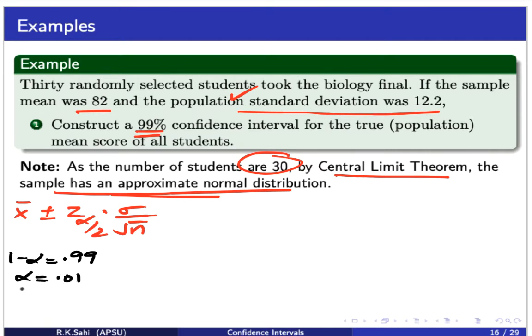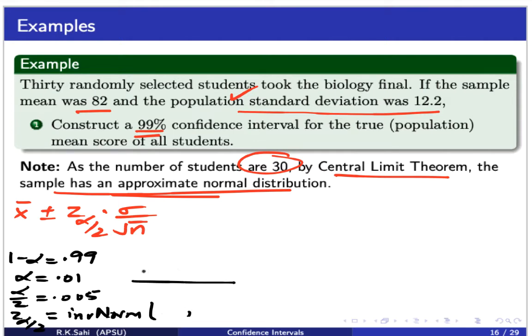And my Z alpha by 2 is 0.005, which is 0.01 by 2. And what is my Z alpha by 2? Is inf norm. Now, we need to know what should come over here. So remember, we're going to create this little bell-shaped curve.